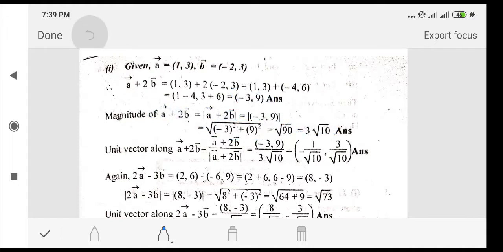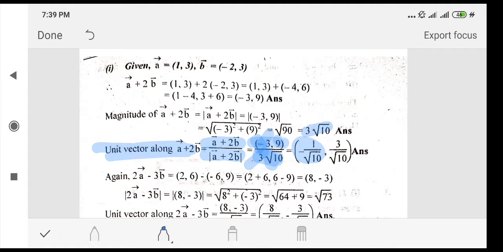Now by the same process you can find the unit vector also. The unit vector along vector A plus 2 vector B will be vector A plus 2 vector B upon its magnitude. So that will be (-3, 9) upon 3 root 10. Taking the first one, minus 3 by 3 root 10, the 3s cancel out and it will be minus 1 by root 10.